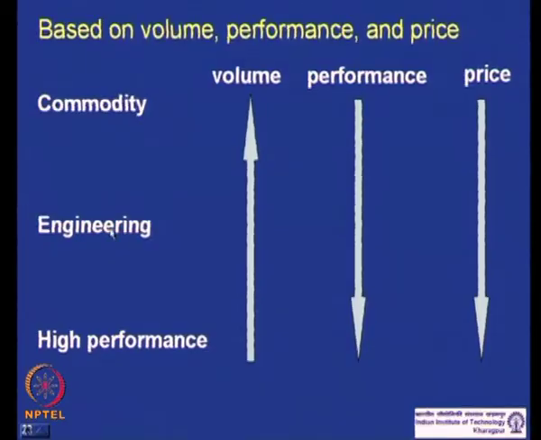The other two are engineering polymers and high performance polymers. The volume goes up in this direction, with more volume for commodity polymers, and performance goes up in this direction. The high performance polymers have the highest performance, and so does the price. Nothing comes cheap. As you get more performance from polymers, you have to pay more, so prices also go up.